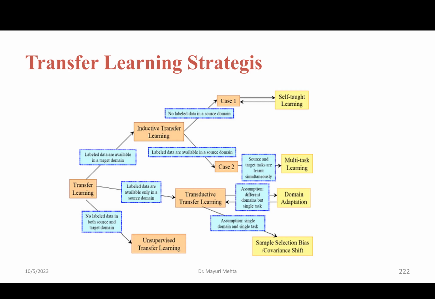Now the third one is transductive transfer learning. In this scenario, there are similarities between the source and target tasks, but the corresponding domains are different. See this: the source and target tasks are similar, such as classification of disease from some medical image modality and classification of plant disease.